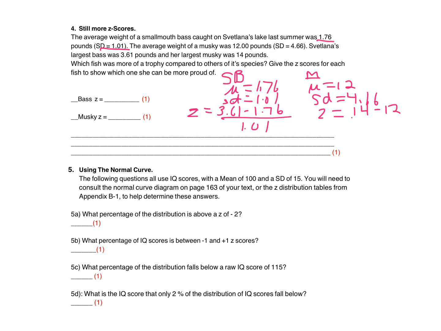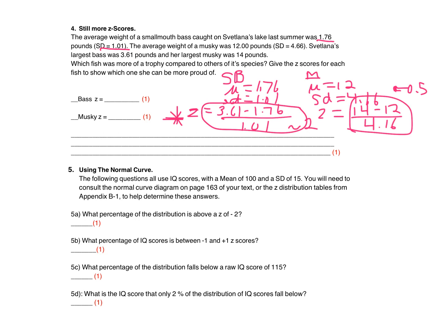The average is 12, and the standard deviation is 4.16. So when you do the math here, this Z-score is going to be larger than this Z-score. This one's going to be approximately 2, and this one's going to be approximately 1/2 or 0.5. And so they're asking which one she should be more proud of. And that's this one, because she's so much higher than the average weight of the smallmouth bass being caught that she should be more proud of that one than the muskie.